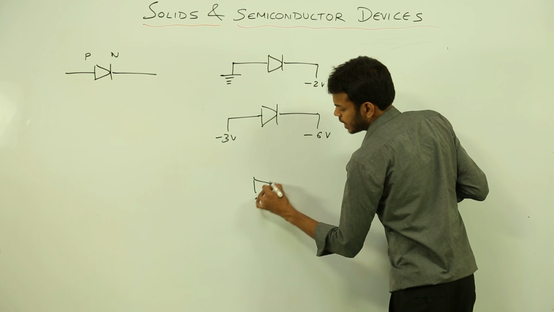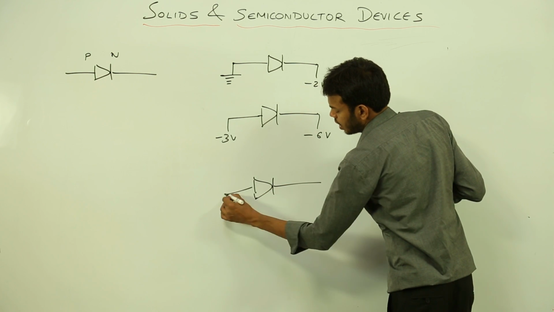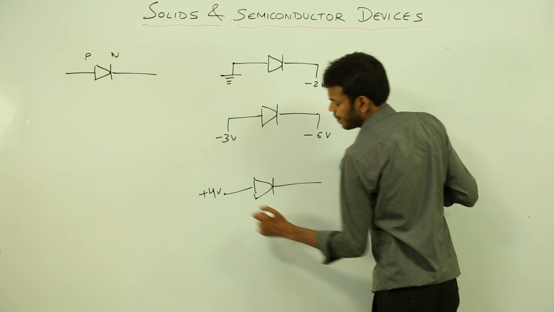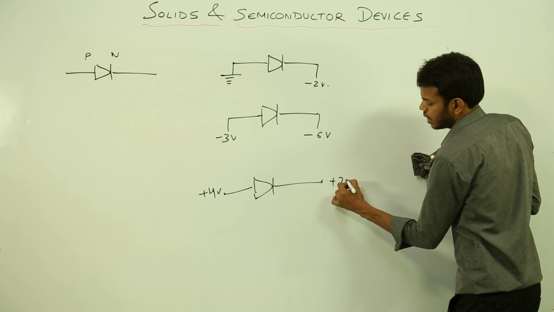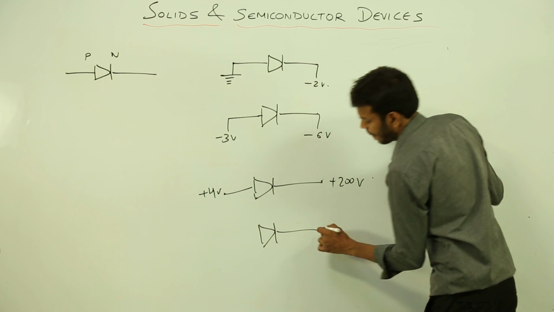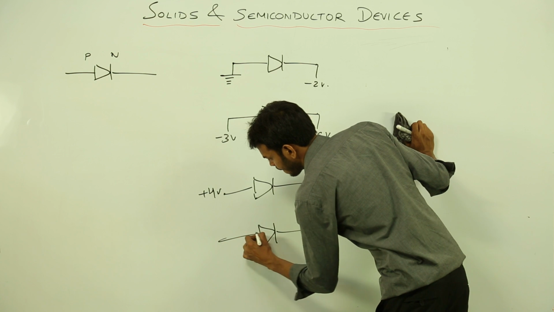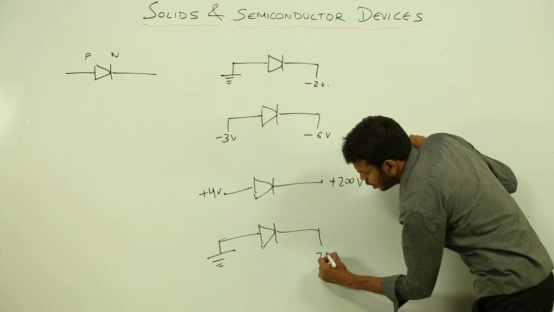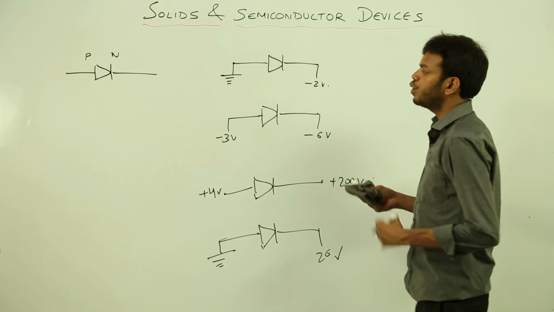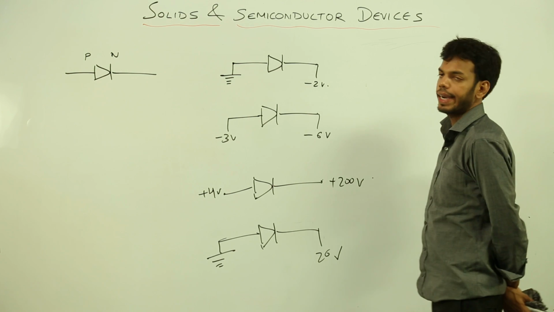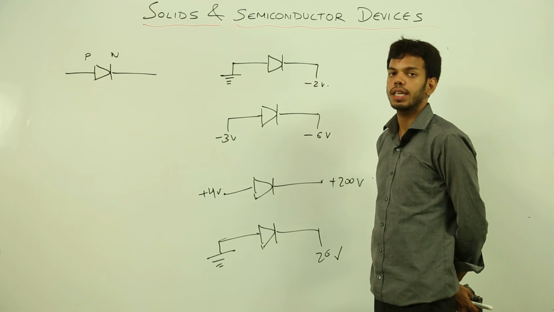In third case, a simple case of plus 4 volts and plus 200 volts. And lastly, earthing and 20 volts. I want to know which of these diode circuits will represent forward biasing.